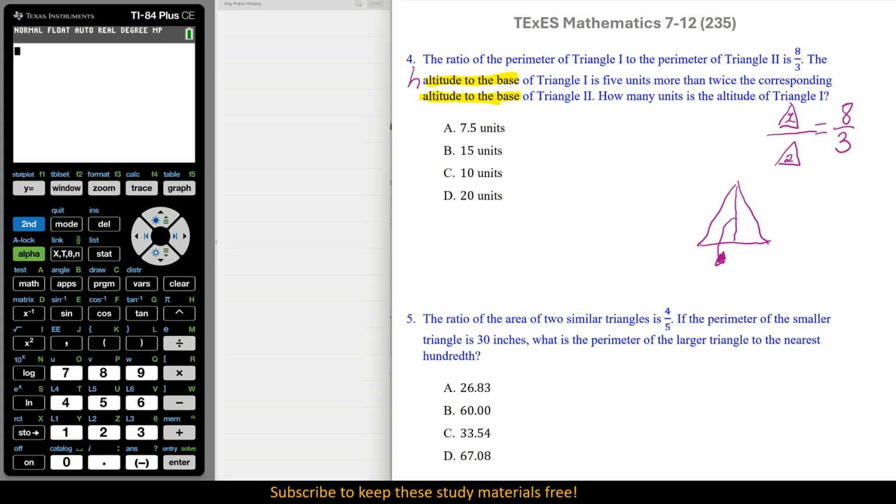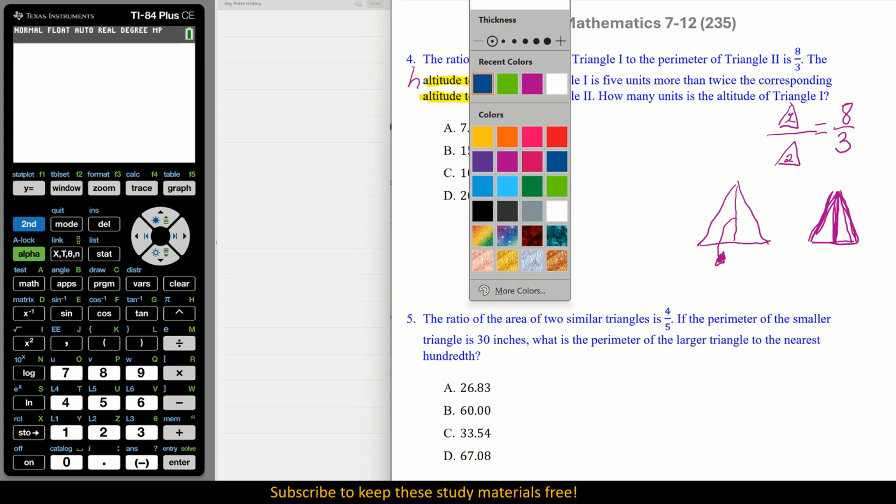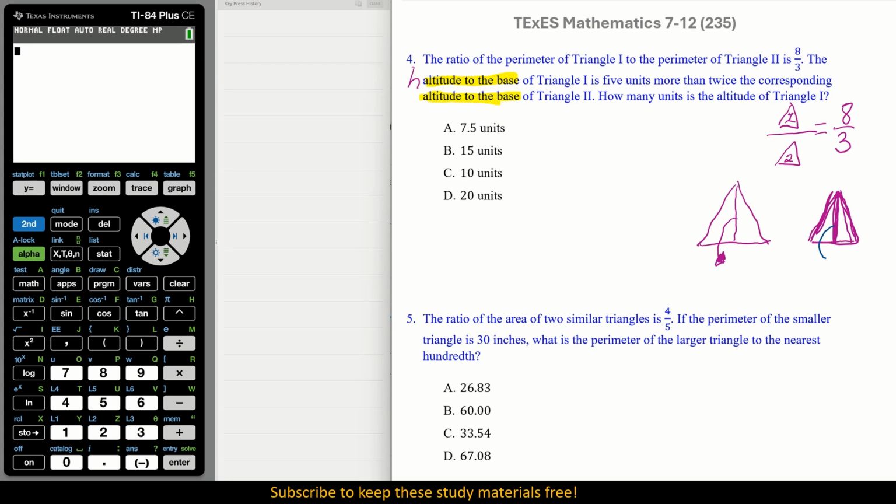This is what they're really saying for number 1: this altitude here is also the height. Use your imagination about my artwork. Now this, we are just going to call H.